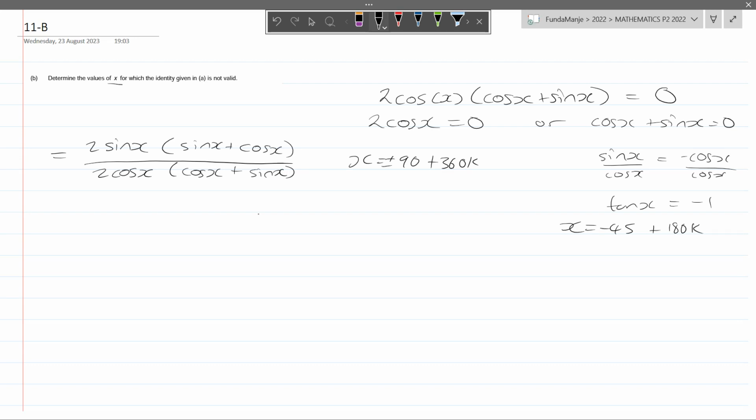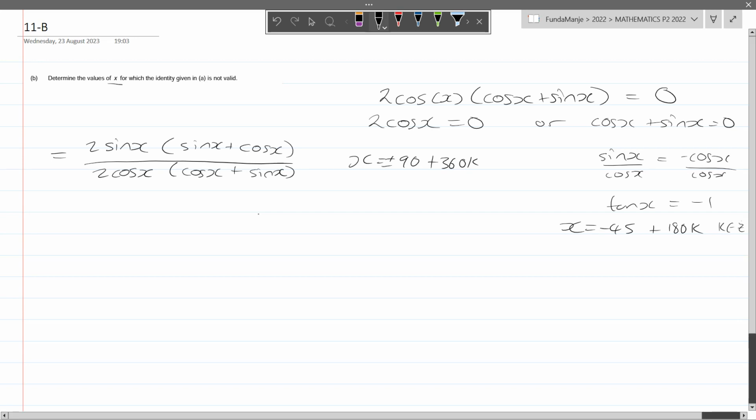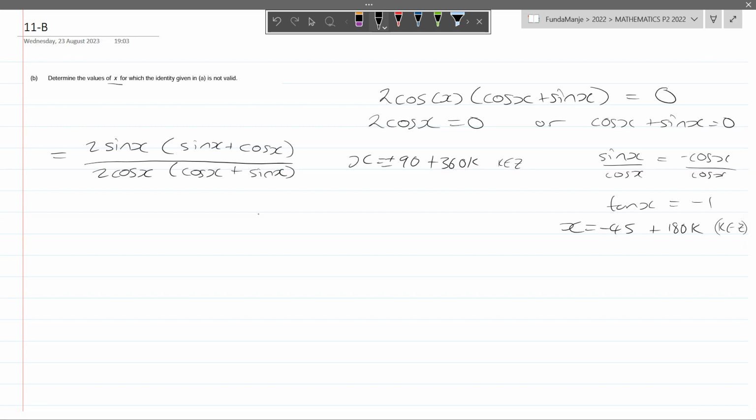And in both these cases, k is an element of all integers. So for this one it is fine, but for tan x, that would be minus 45 plus 180k, and k is an element of all integers.